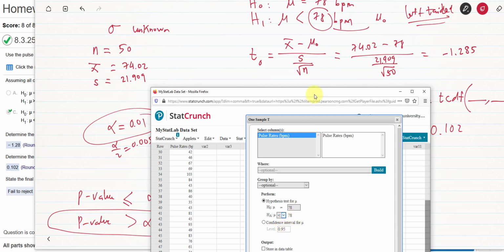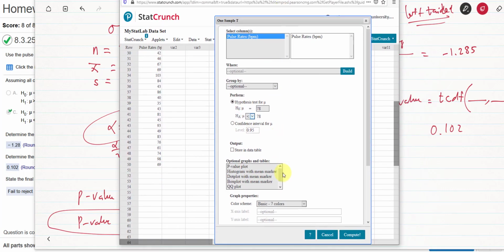There are also optional graph and table settings if you want them. If not, it's fine. We just want the values, so you don't have to select anything here.